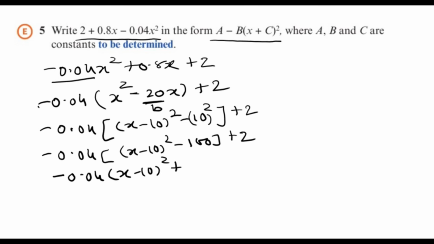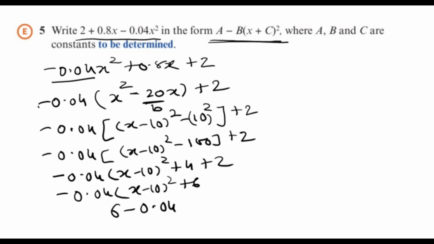Minus minus becomes plus 4, plus 2. So minus 0.04 into x minus 10 squared plus 6. So this is our simplification, but we have to write it in this form. So again we have to rearrange them. So 6 minus 0.04 into x minus 10 squared. So our a is this 6, b is 0.04, and our c, which is 10, is there.